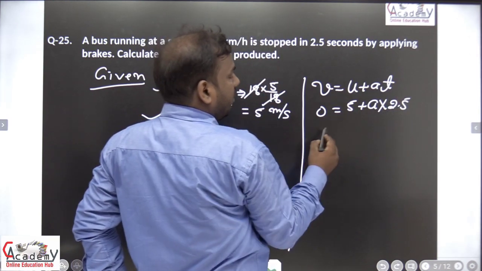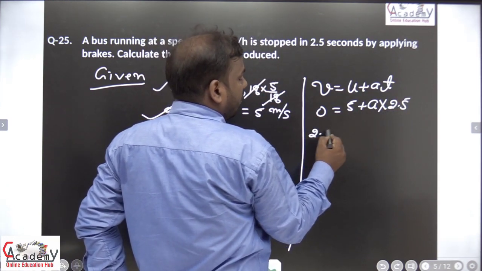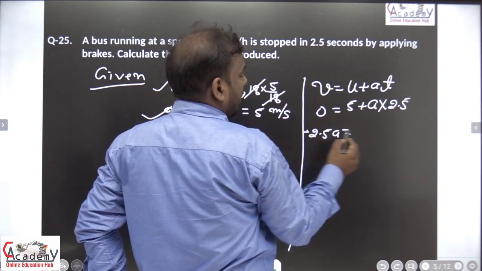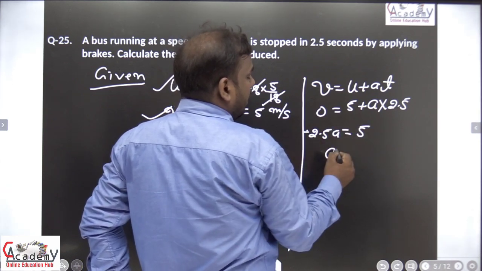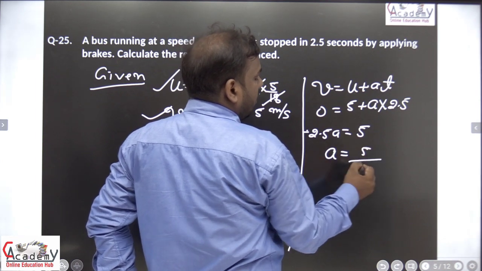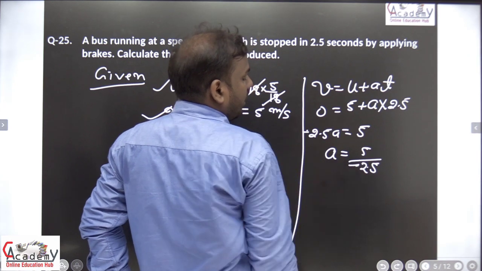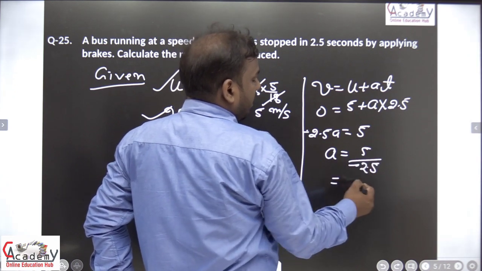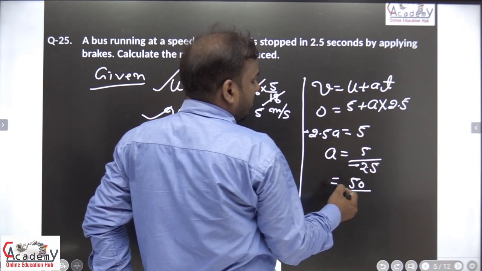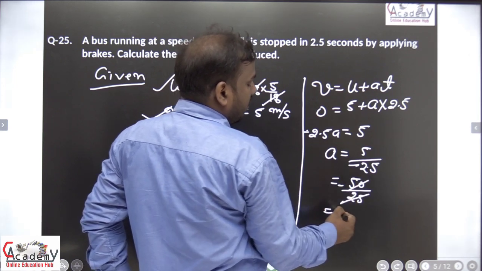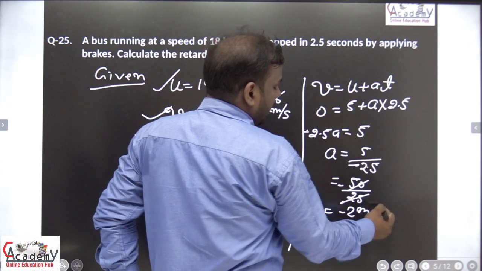Put it here: 2.5a, so minus 2.5a is equal to 5, a is equal to 5 upon minus 2.5. That is 50 upon minus 25. So we can write minus 2 meter per second square.